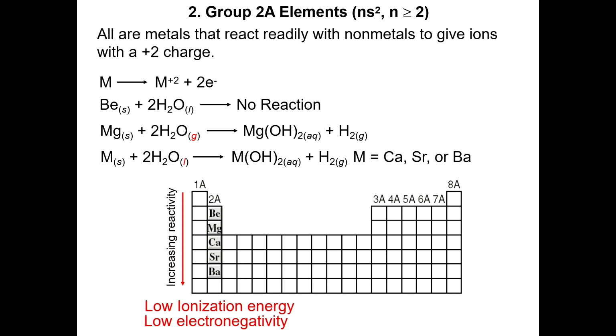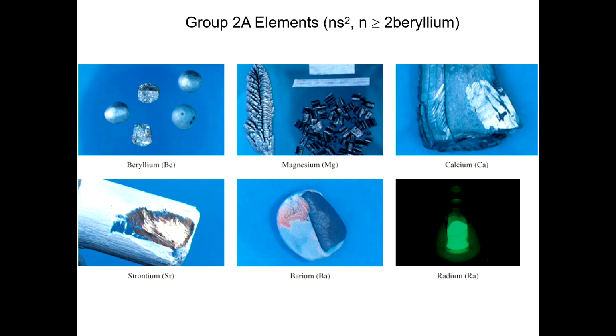So they can also react directly with water like this. But of course they are more stable than the 1A group elements. Most of them can stay in the air. But for this one, it's also very active.